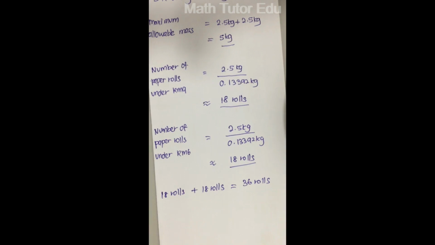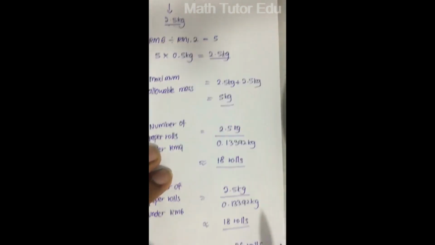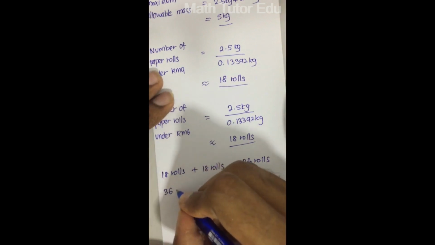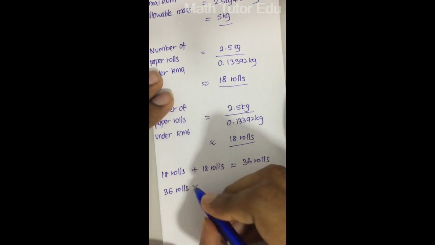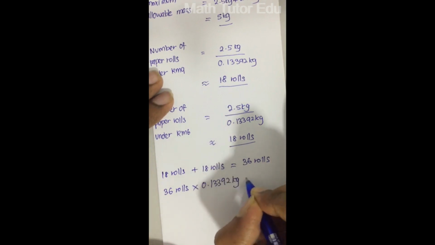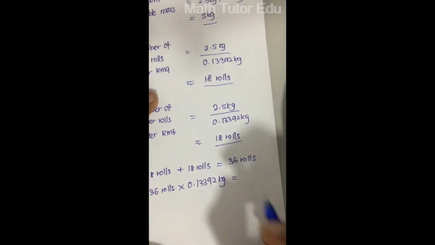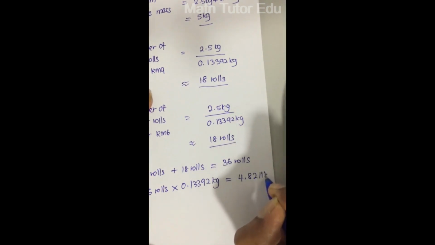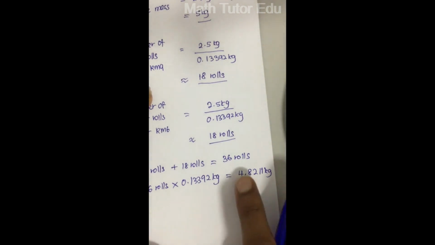Remember that the mass of one roll is actually 0.13392. To check whether we have already attained the maximum allowable mass, let us calculate now. 36 rolls times 0.13392 kg is equals to 4.8211 kg.